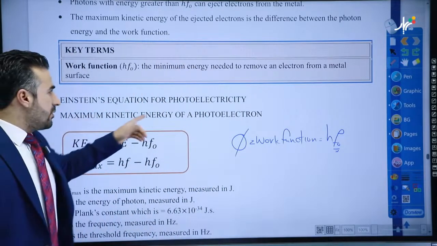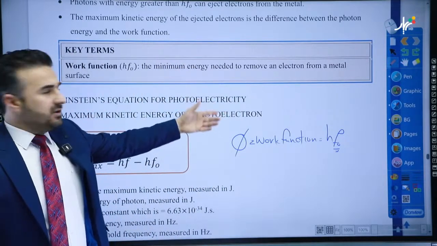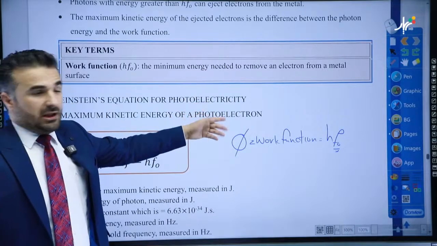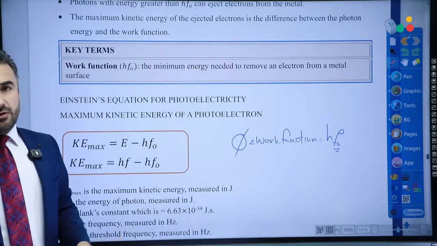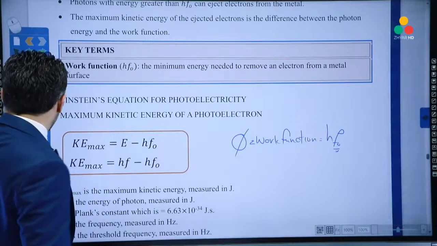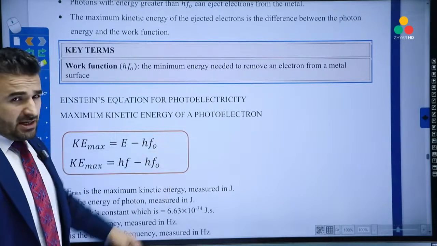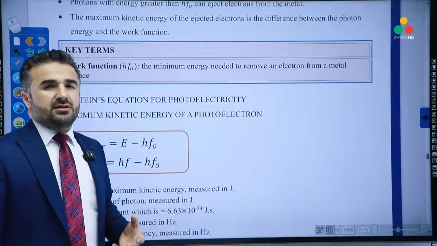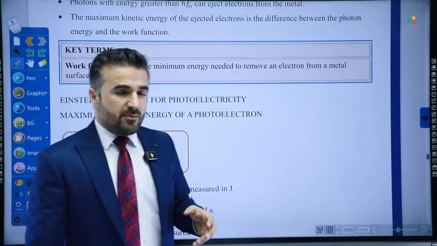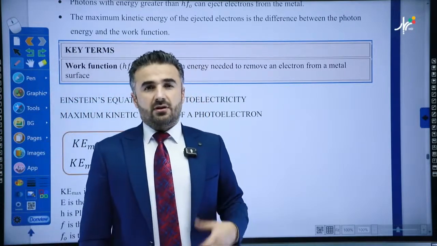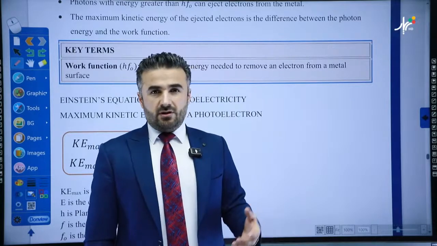Now we have something else: Einstein's equation for photoelectricity, and of course the maximum kinetic energy of the photoelectron. We said that work function is equal to Planck's constant times threshold frequency. And we also said that the maximum kinetic energy is equal to the difference between the energy of the photon and the work function.